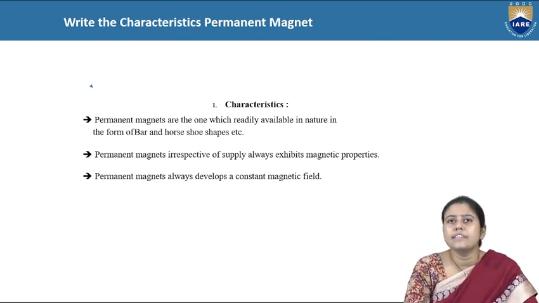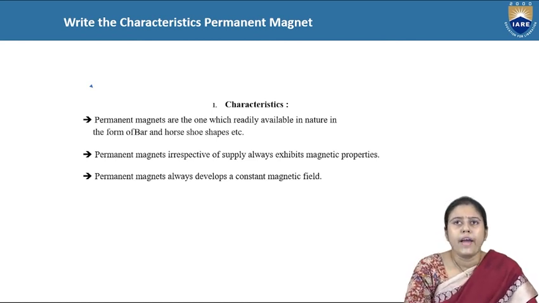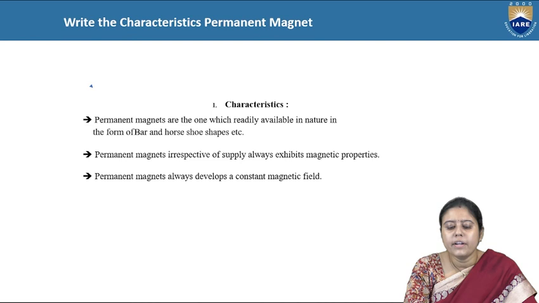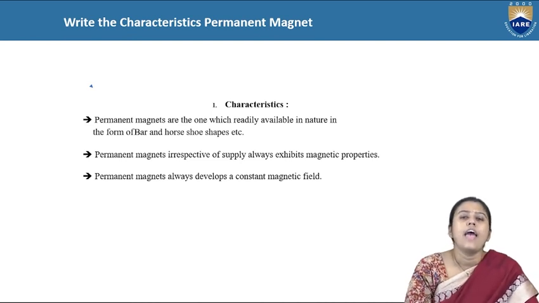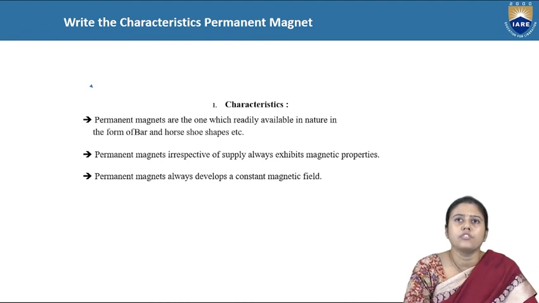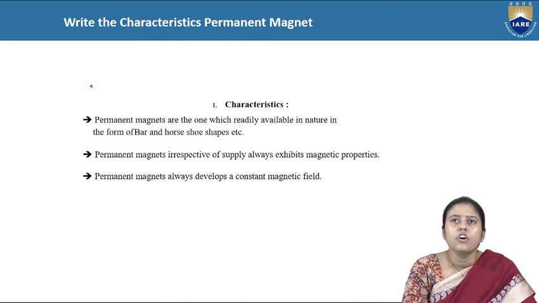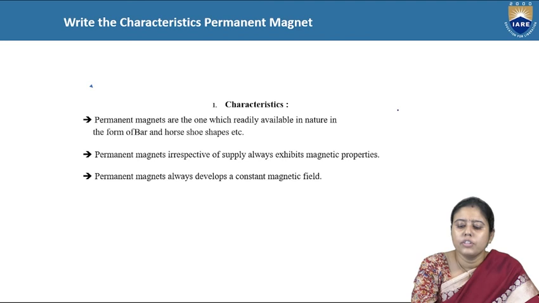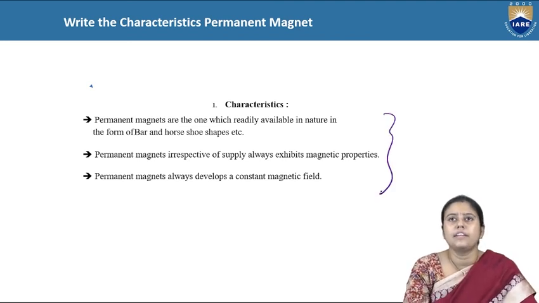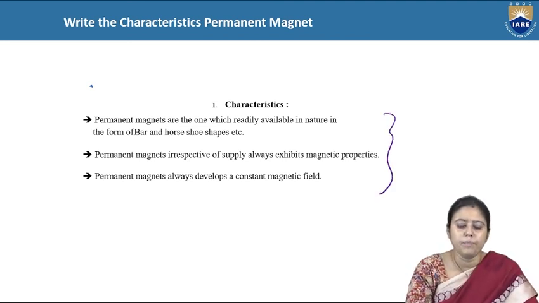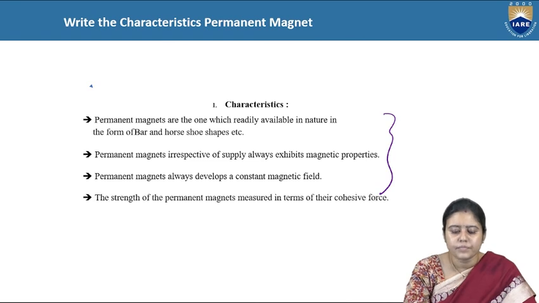It is a natural thing and it will automatically show the magnetic property. A permanent magnet always develops a constant magnetic field, as the field strength is always constant. So these three are the basic characteristics of the permanent magnet.